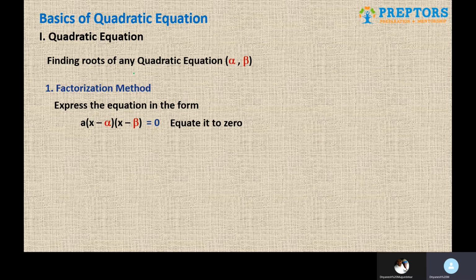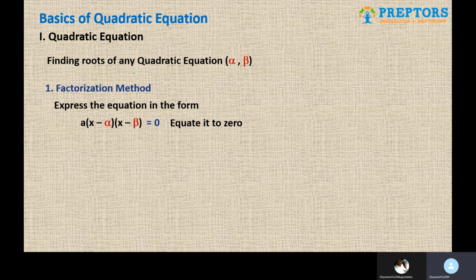And we have already defined that alpha and beta are the roots of the quadratic equation. So you need to factorize and equate with 0, and you get your answers for alpha and beta. That's the first method.